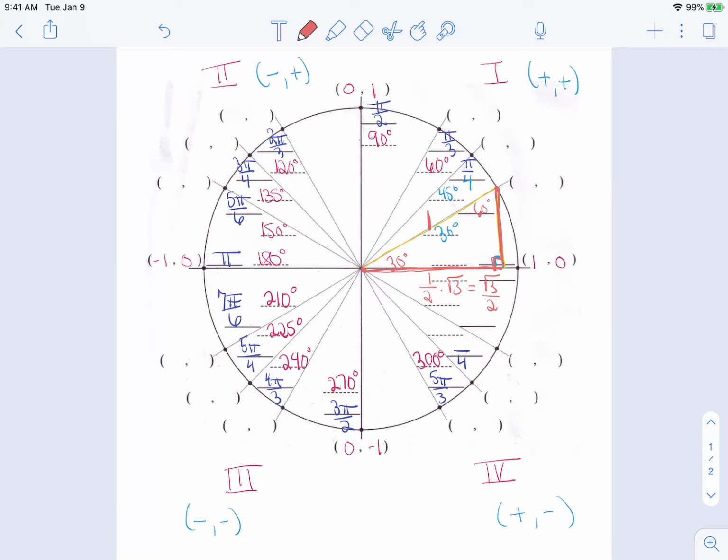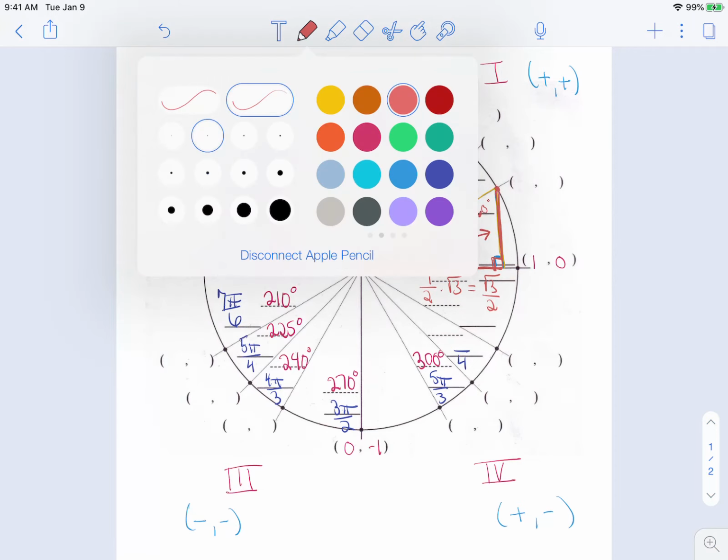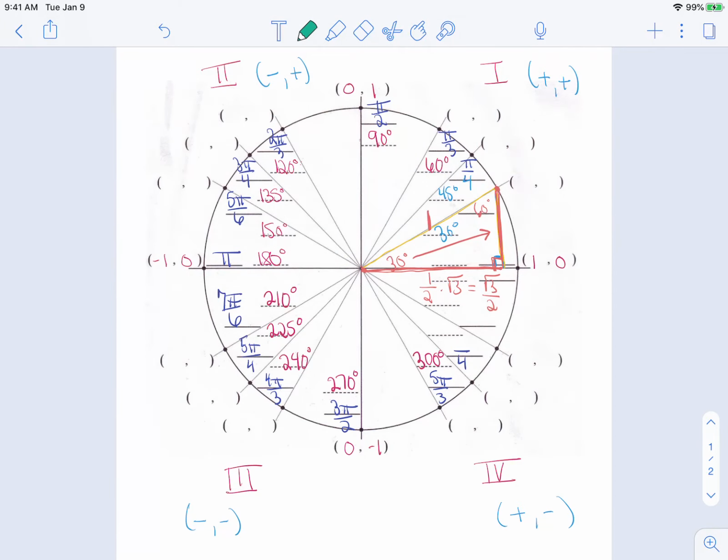Well, what we discussed when we first met each other was special right triangles, and this is a special right triangle, 30, 60, 90. So we know our hypotenuse is 1, and we can figure out our short leg, which is across from the 30. We take our hypotenuse and divide it by 2. Remember, that was the formula.